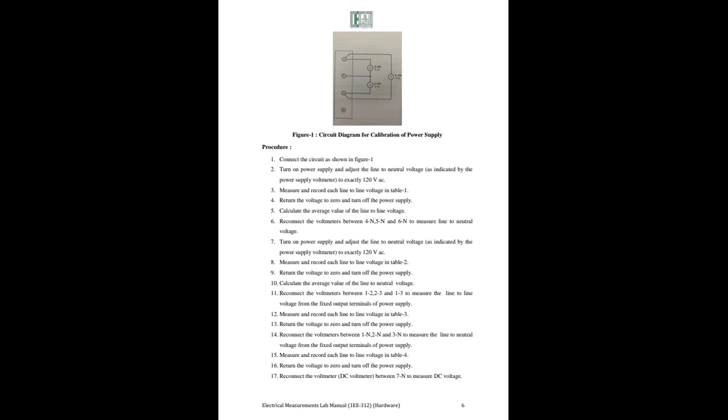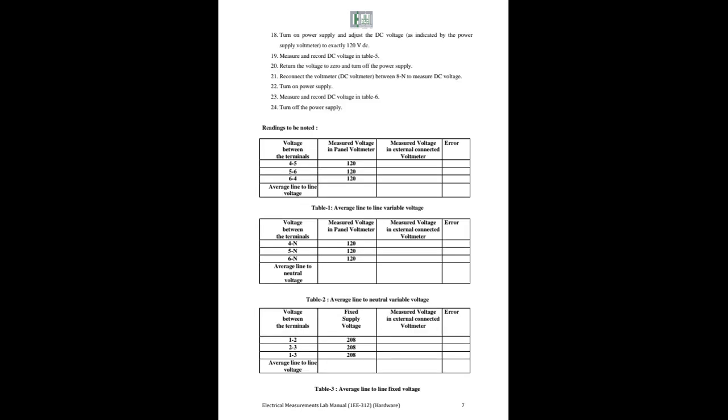If you see the table, you will understand what we have to measure. We have to connect the voltmeters between 4 and 5, 5 and 6, and 6 and 4. We set the panel voltmeter to 120 and measure the external voltmeter reading.